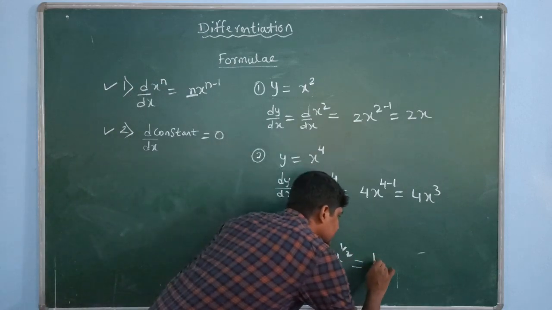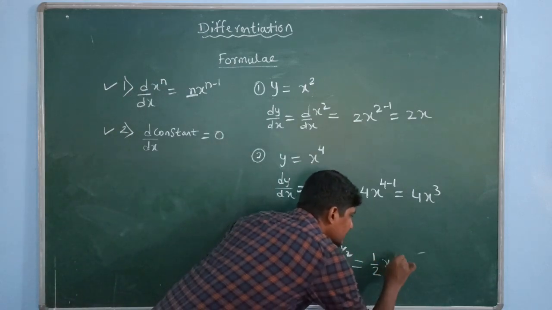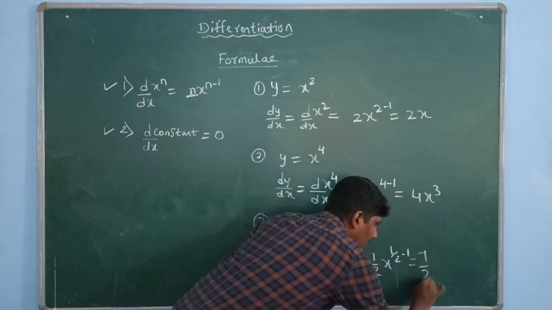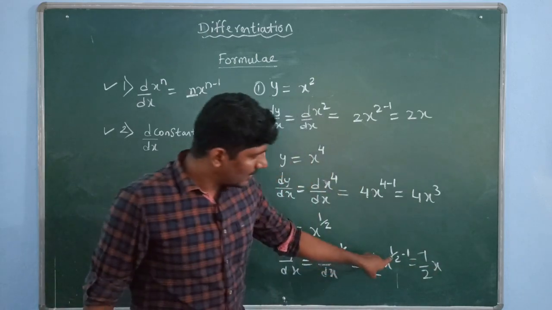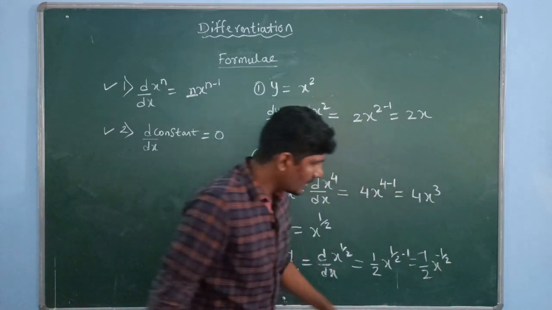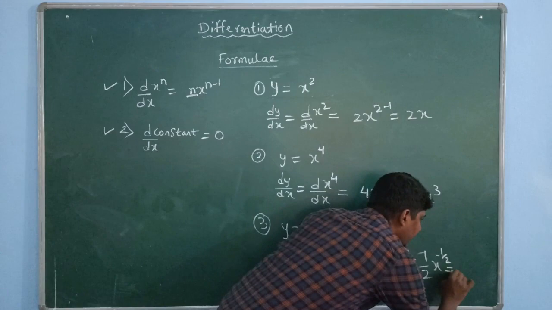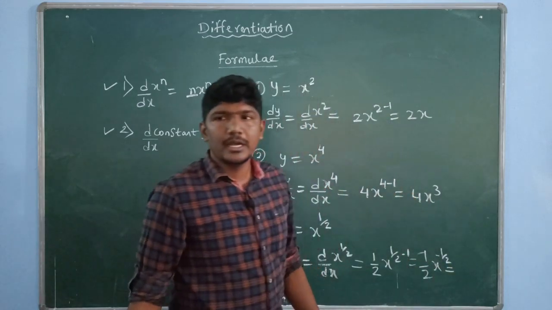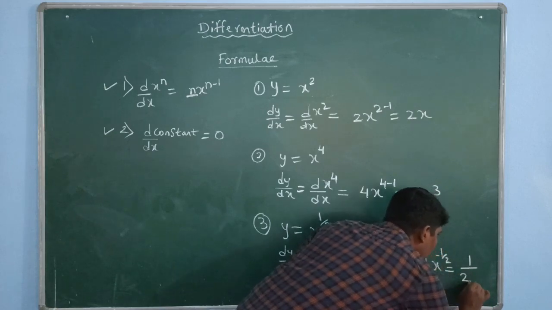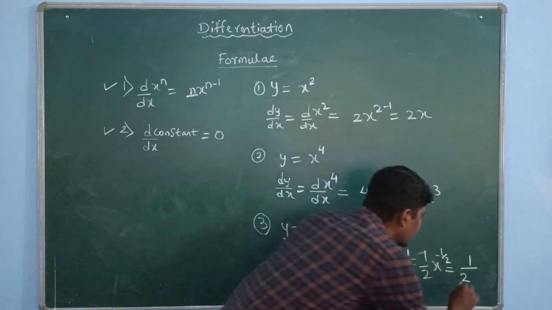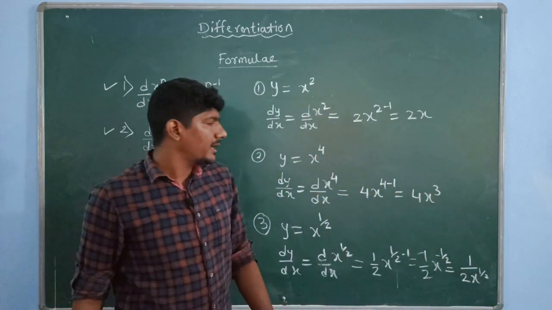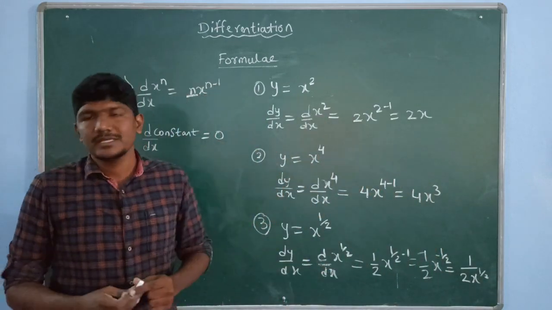So how to differentiate this? 1 by 2, x raised to 1 by 2 minus 1, which means minus 1 by 2. So you can take x raised to minus 1 by 2 to the denominator, so that it becomes 1 by 2, then x raised to 1 by 2. I hope this is very simple.